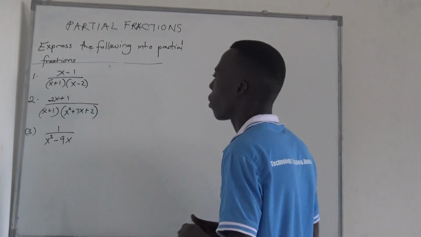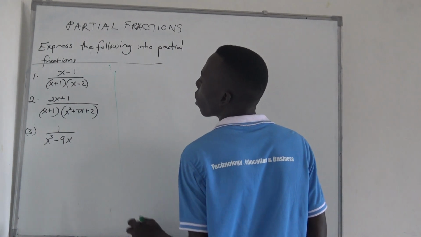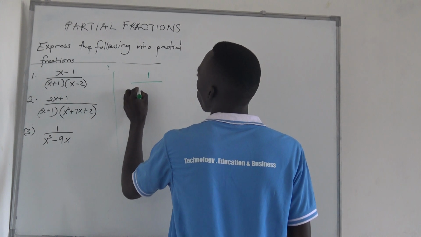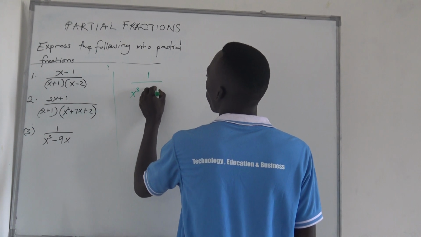So we are continuing with example 3, and it is 1 out of x cubed minus 9x.